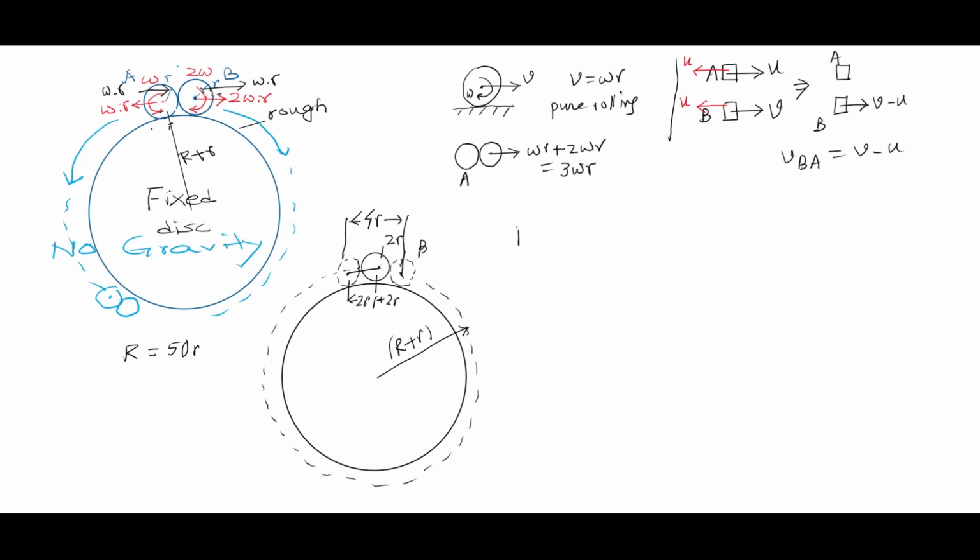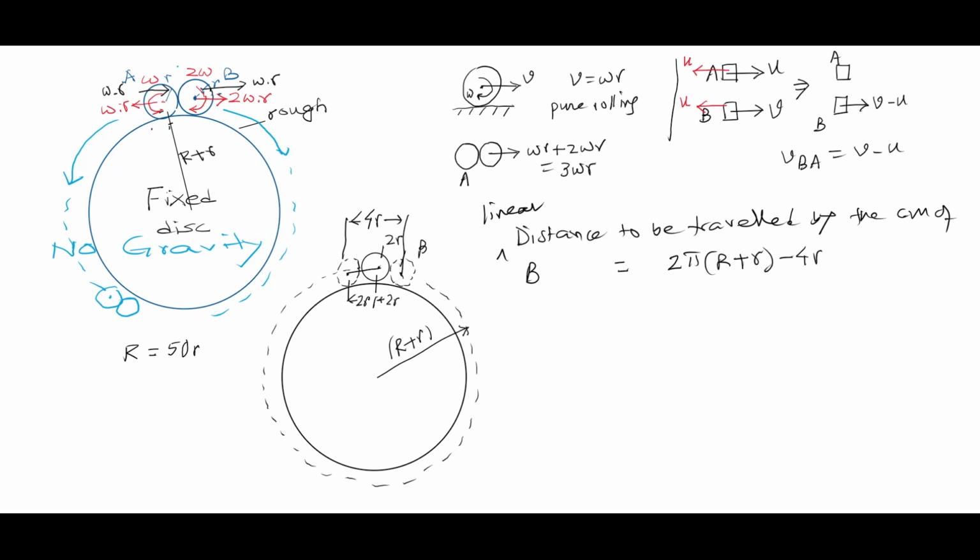So the linear distance to be traveled by the center of mass of B is equal to 2 pi into r plus r minus 4r. And the velocity of B with respect to A, V_BA, is equal to 3 omega r.